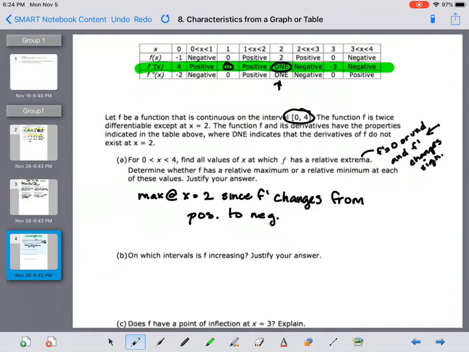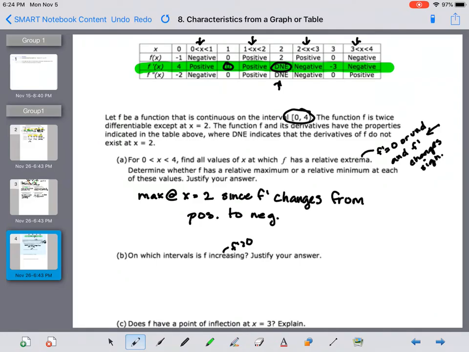On B, which intervals is f increasing? Remember, again, we want to look where f prime is greater than 0 or positive. So again, I'm looking at that green line that I highlighted, and I'm looking at the intervals, not the x values. So I'm looking here, here, here, and here. And I'm looking where my derivative is positive.